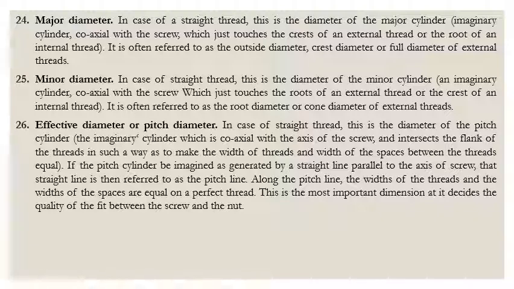If the pitch cylinder be imagined as generated by a straight line parallel to the axis of screw, that straight line is then referred to as the pitch line. Along the pitch line, the width of the screw threads and the width of the spaces are equal for a perfect thread. This is the most important dimension as it decides the quality of the fit between the screw and the nut.